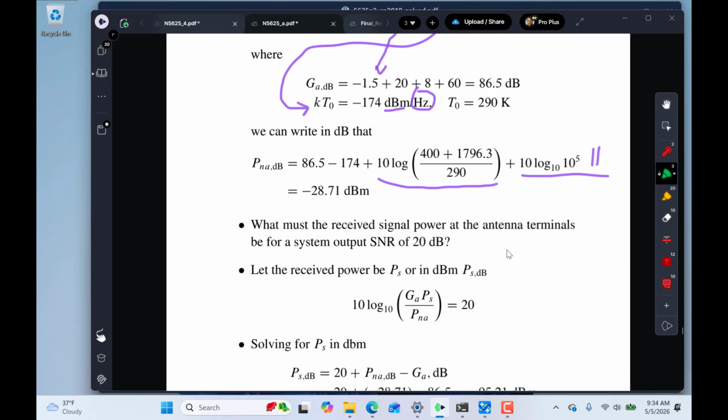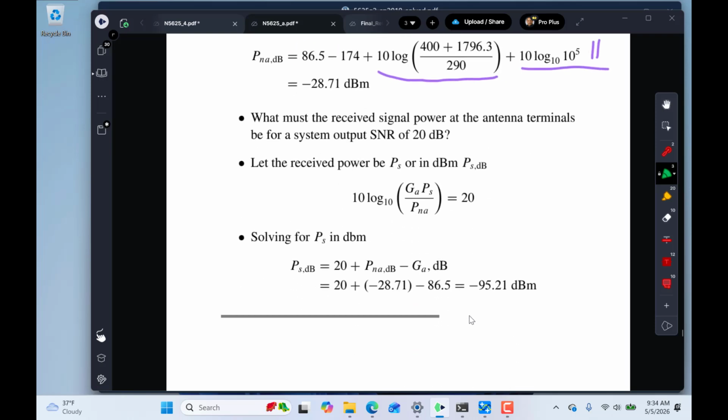What is the received signal power at the output of the cascade? It's going to be the input signal power multiplied by the gain, and then we want that divided by the noise power to give us a dB value of 20. So we just, again, tear this apart.